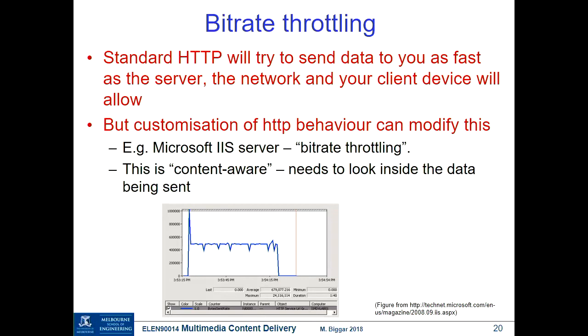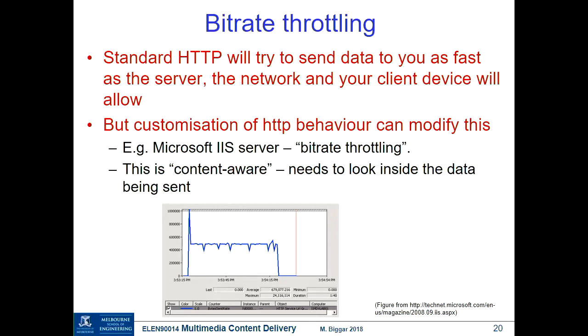It doesn't even know what the playout bitrate of the video is. However, we can customize the HTTP behavior. So Microsoft, for instance, has this bitrate throttling approach where it initially sends a spike of data to preload the buffers, so we can start playing back as early as possible, which seems a good thing to do.